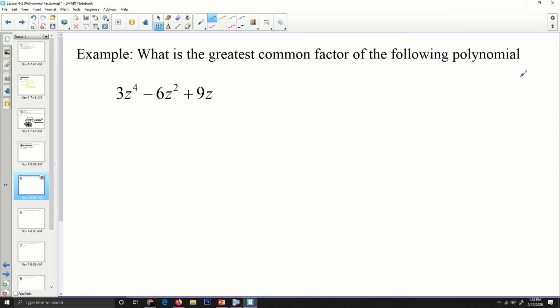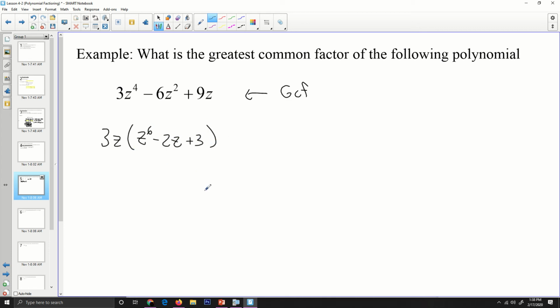So what is the greatest common factor of the following polynomial? That's all we're doing for this one because that's all the directions ask. If I look at these things, I see 3 divides all 3 terms, but I also see that z divides all 3 terms. So the greatest common factor of this particular polynomial is going to be 3z. That's going to leave me with z to the third minus 2z, and then plus 3.